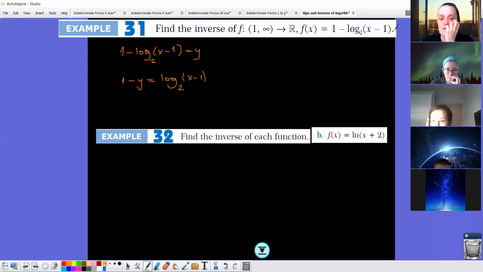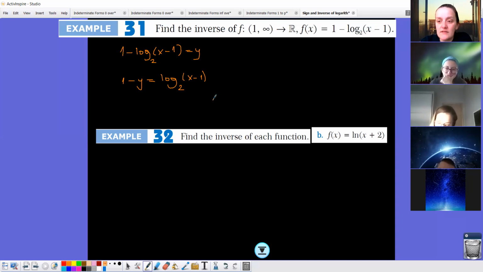Log of x with base 2 minus log of 1 with base 2. You cannot separate this one, teacher. If you have multiplication or division, you can do that separation. But if you have subtraction or addition, you cannot do that.